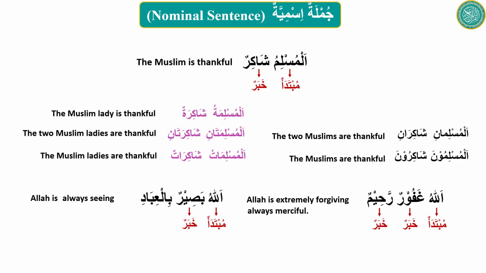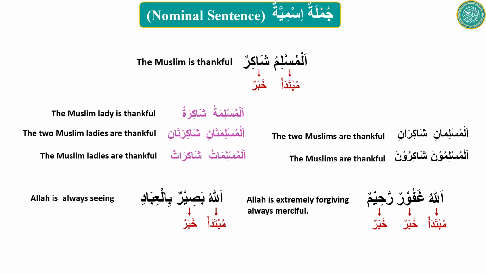Bil ibad. B means with. It is one of the harf jar, or jar, you can say. Al-ibad is a plural of abd. Al-abd means one slave. Al-ibad, the slaves, the servants. It's a broken plural.